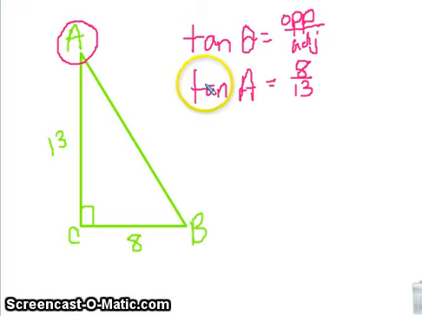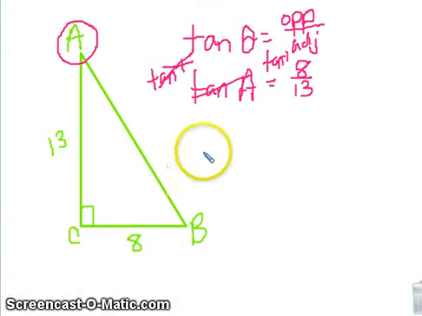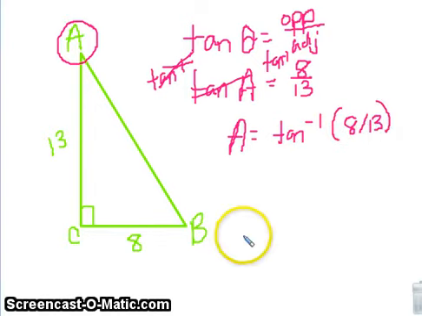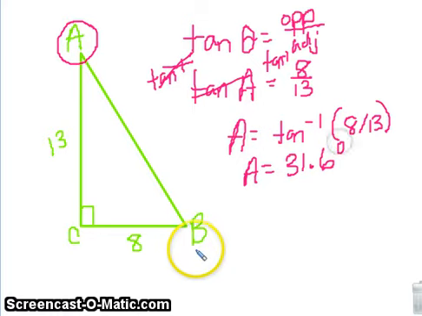Look at your calculator. Tan to the -1. So you are going to do the inverse of the tangent to make those cancel out. So angle A is going to be tan to the -1 of 8 divided by 13. That's just going to be equal to what? 31.6 degrees, because we're in degrees.